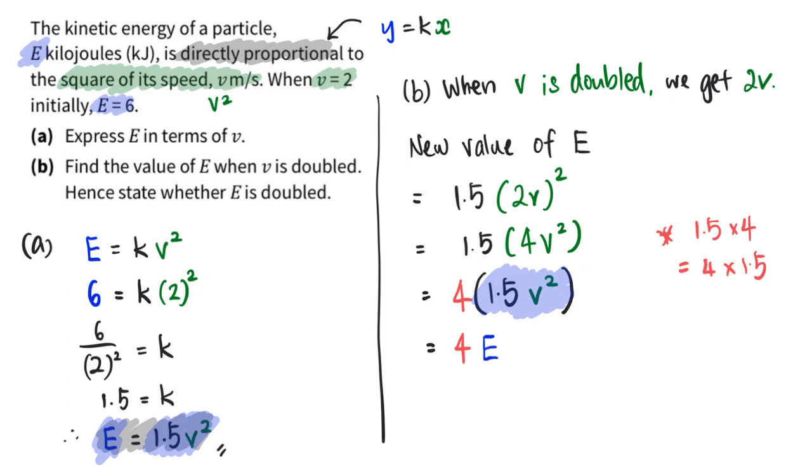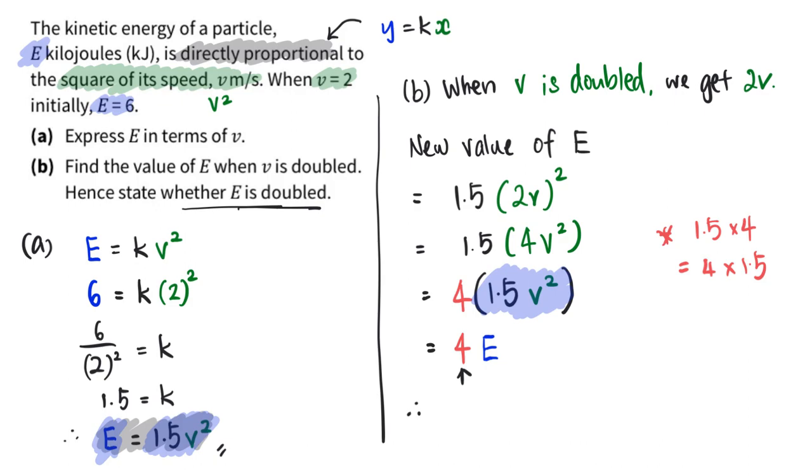And therefore, when we double the V, we do not get a double value of E. Instead, we get 4 times its original value.